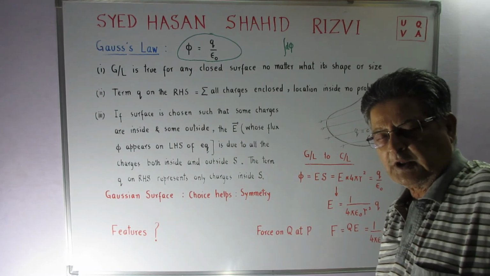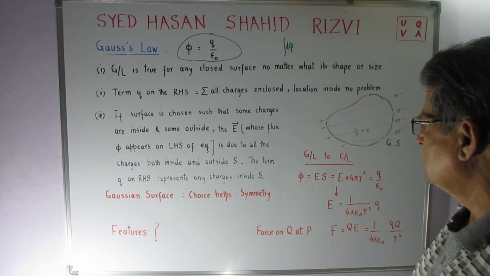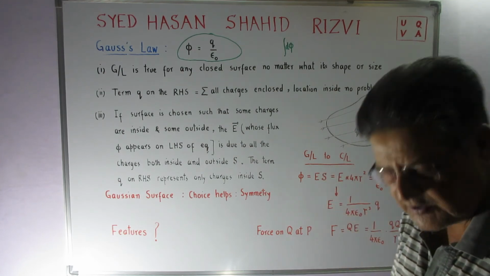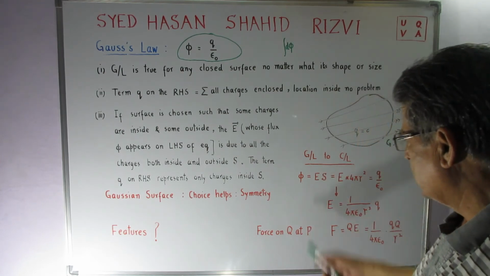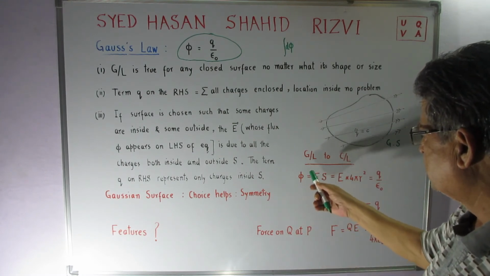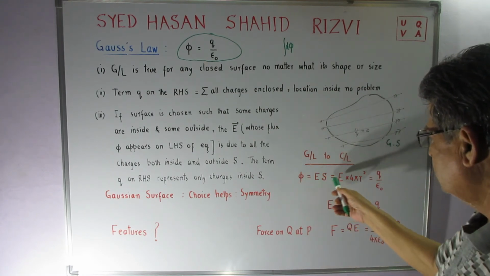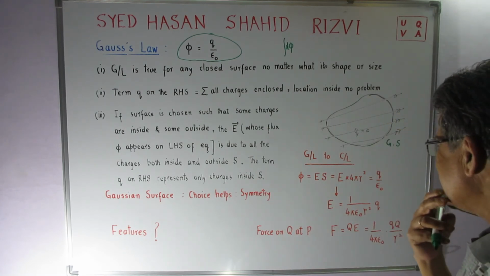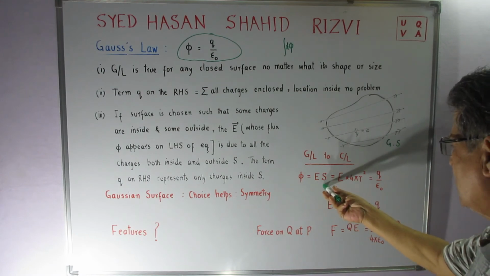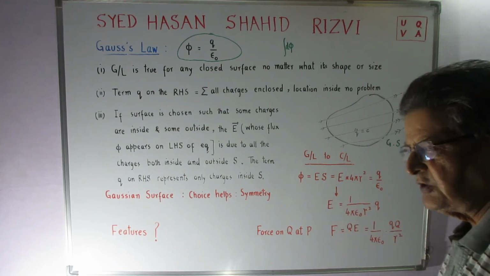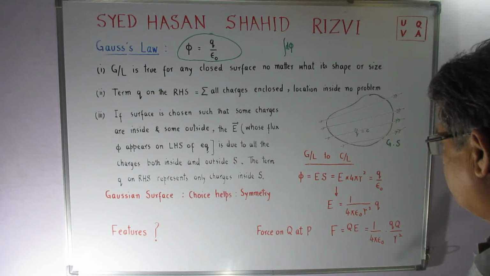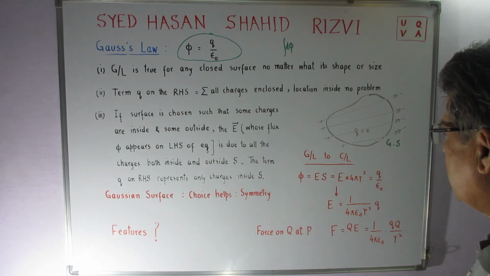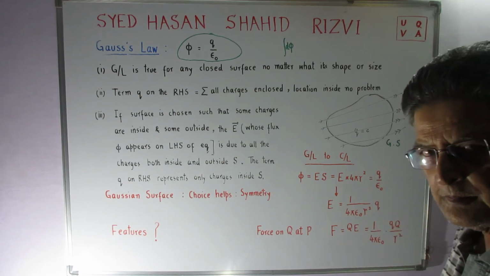So cos of 0 degrees, 0 radians, is equal to 1. So the result is that phi is equal to ES. You can write a few steps, E dS, this, that, and finally it will turn out to be ES, where S is the surface area of the sphere under consideration, sphere of radius r, and for a sphere the surface area of the sphere is 4 pi r square.